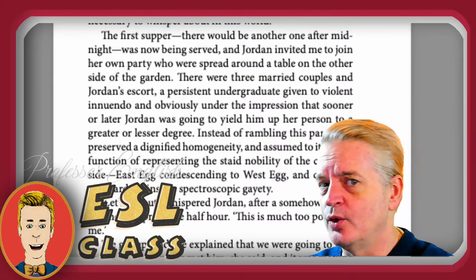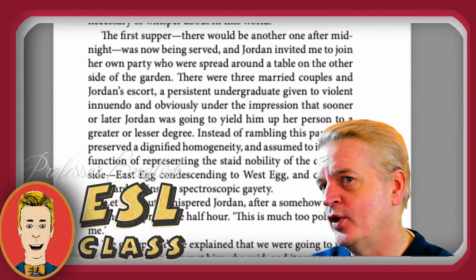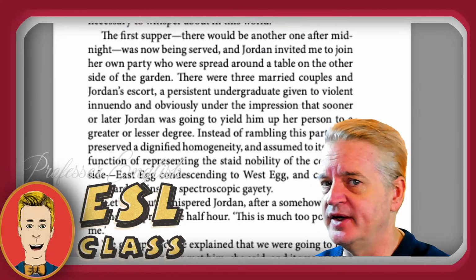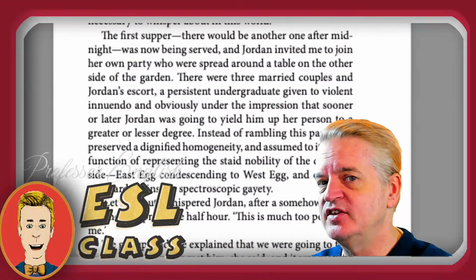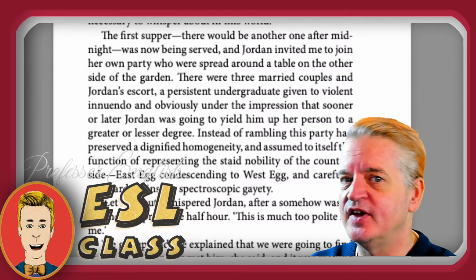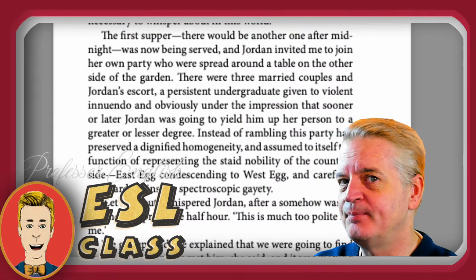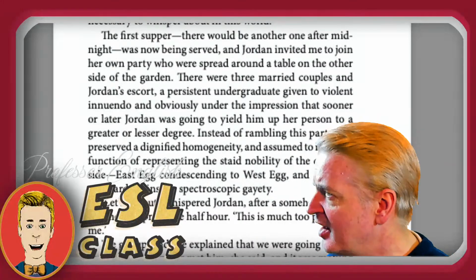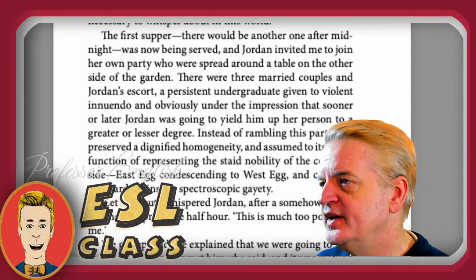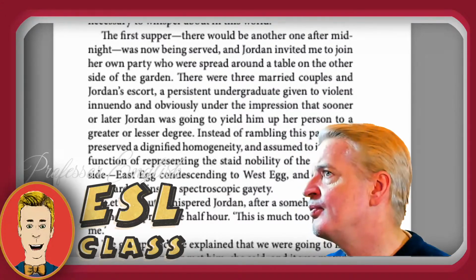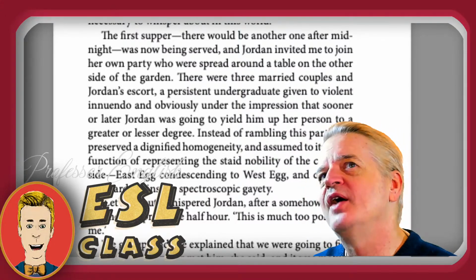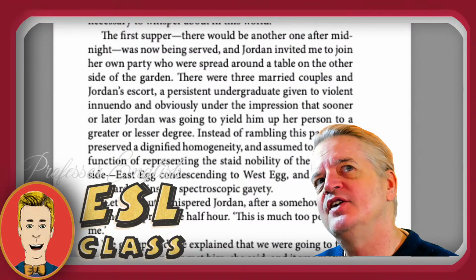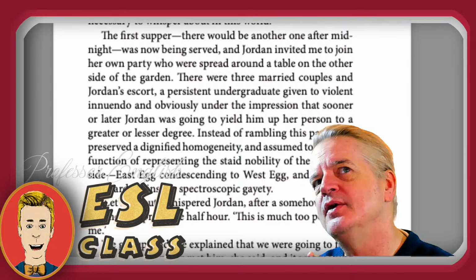So she's got an escort, which means like a date, maybe not a boyfriend, but just someone to go with her to the party. But this guy seems to think that he can maybe marry her one day, I think is what he's saying here. He seems confident about that. Yield means to... how can you explain yield? Yield means like to let someone have the power, to let someone have the movement.